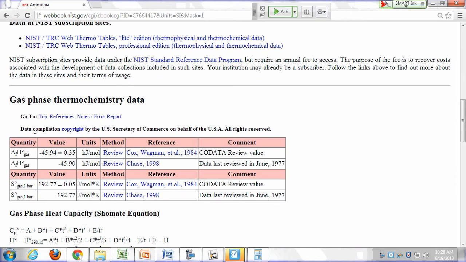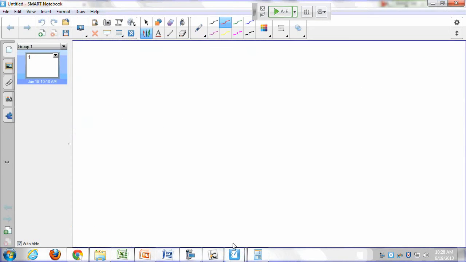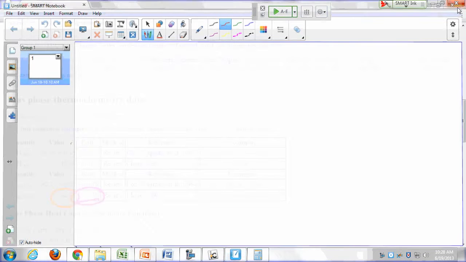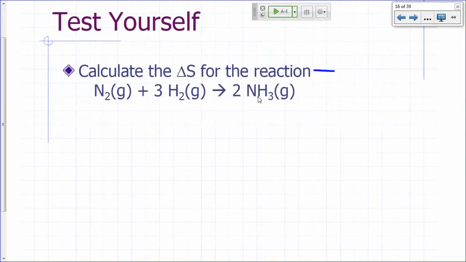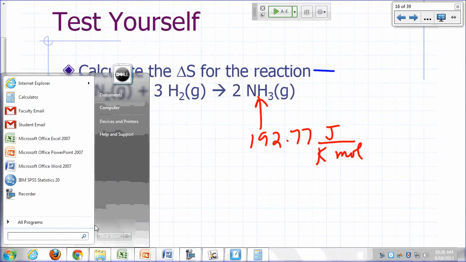The standard entropy of a gas at 1 bar for ammonia is 192.77 joules per Kelvin per mole. What's the standard entropy of H2?